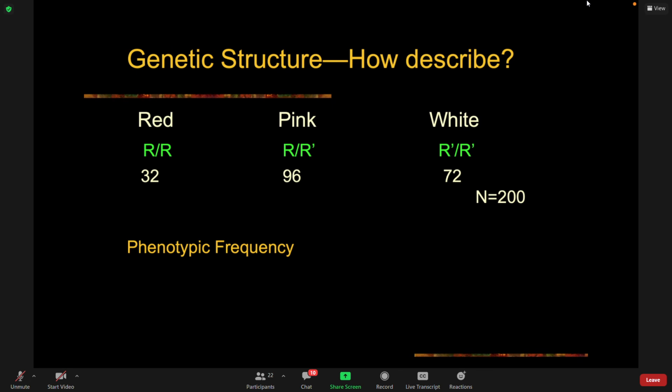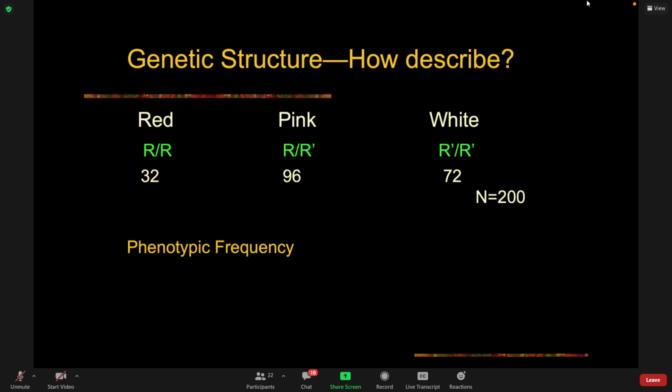We don't know who is the parent of whom, or who are brothers and sisters. We're just looking at the structure of the whole population, some individuals of which might be more closely related by descent than others.